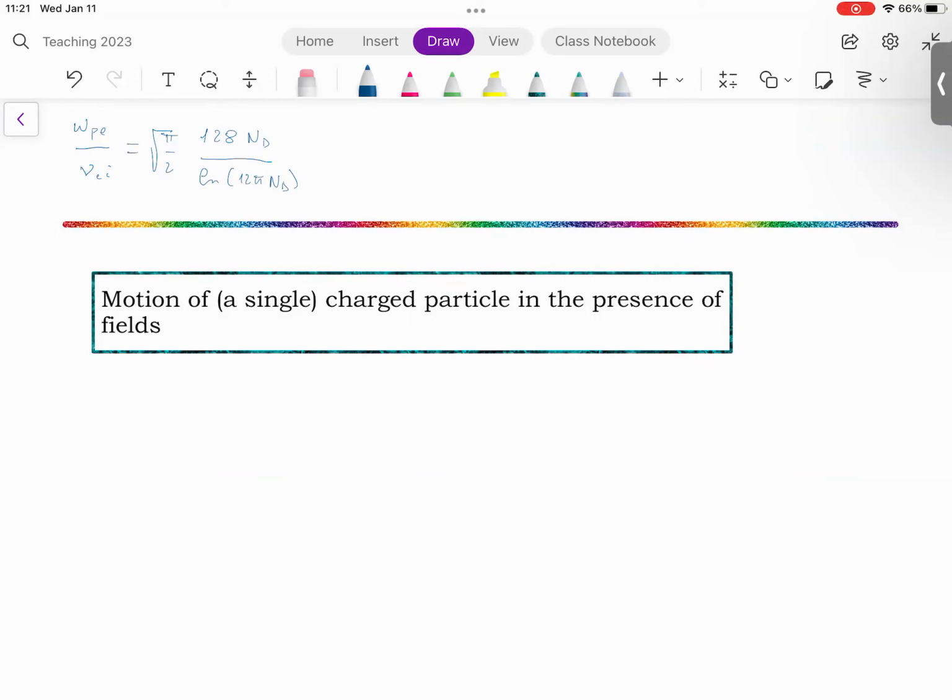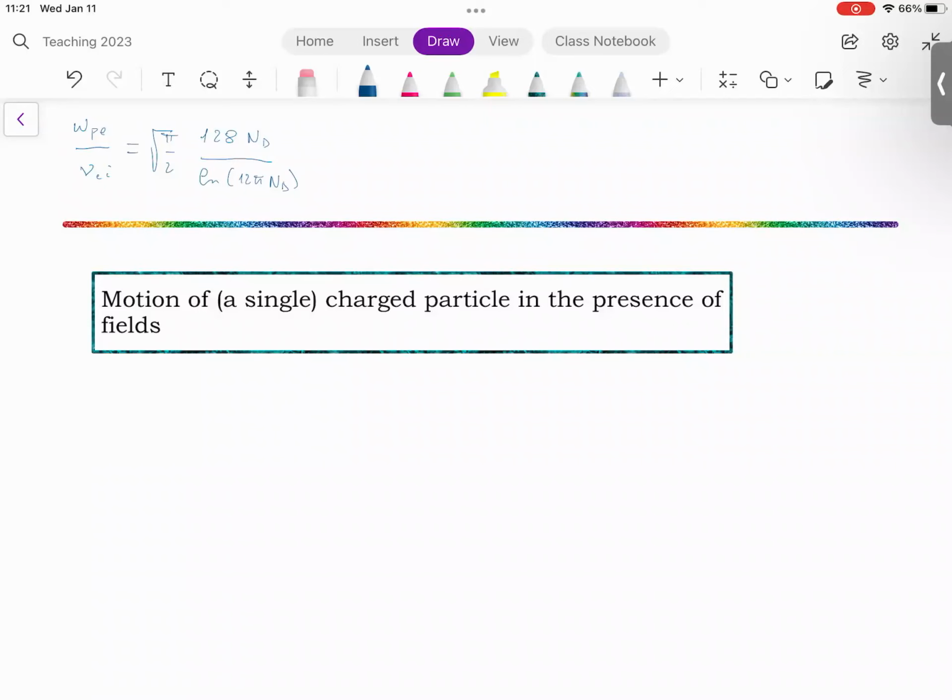Well, then that's a pretty legitimate thing to do. If there is only a single particle and there are strong electromagnetic fields, we don't have to worry about that particle modifying anything. So we should be okay.